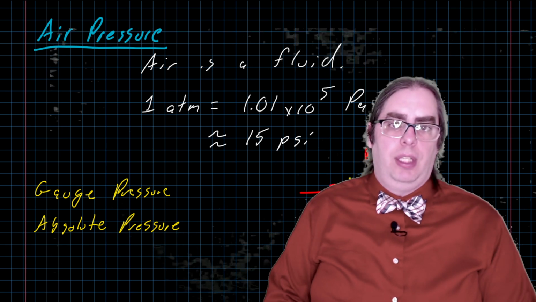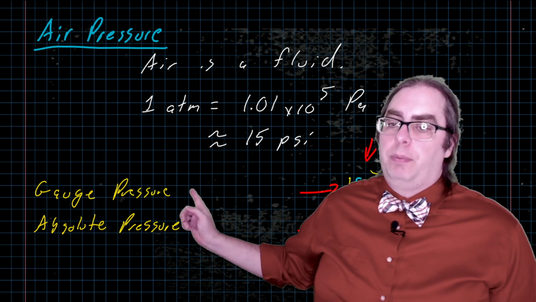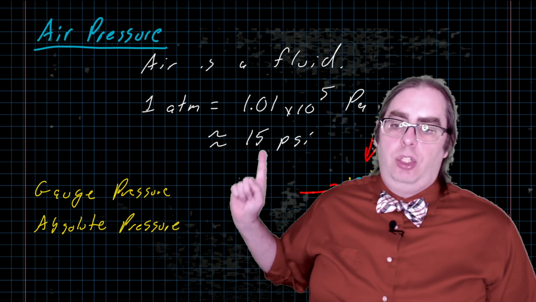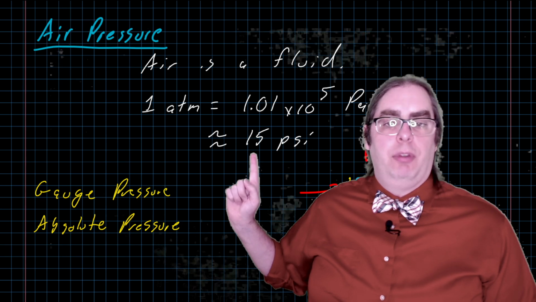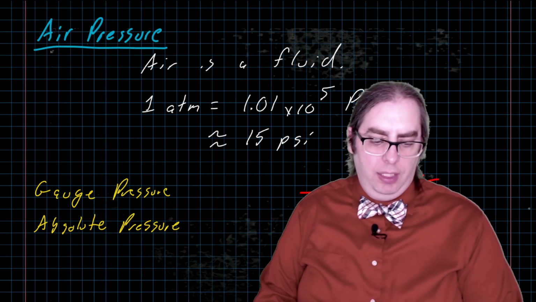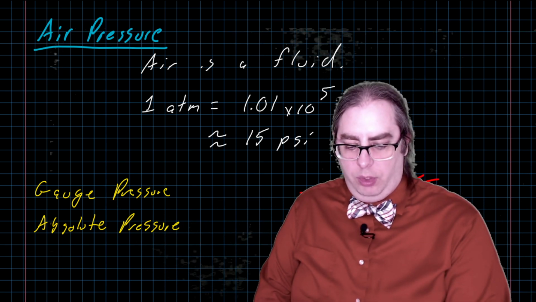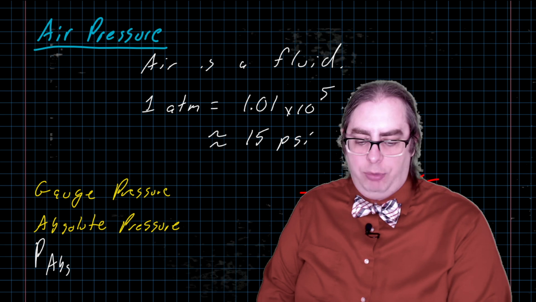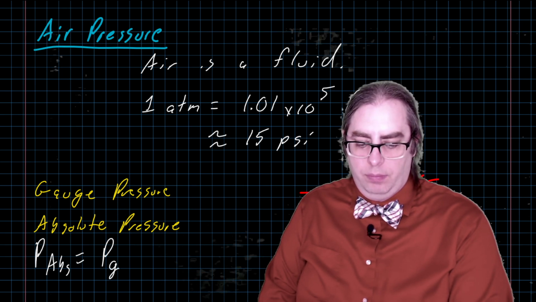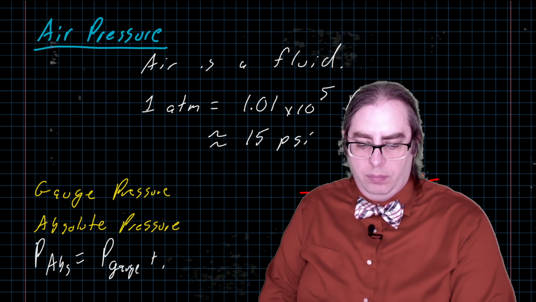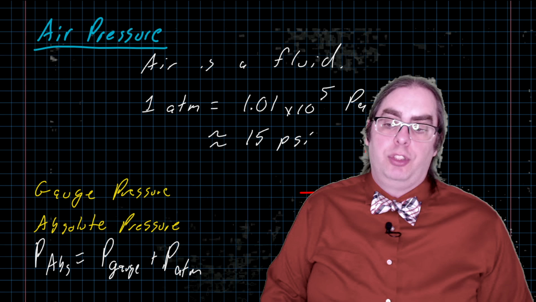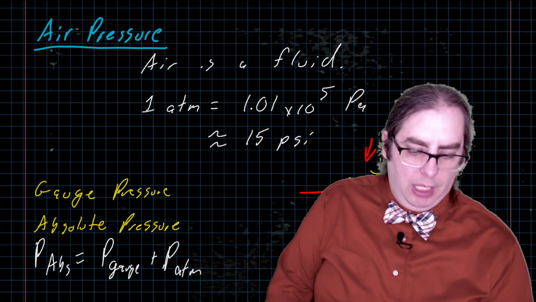We'll talk more about some of those a little bit later in the course, but for right now, it's a fairly simple calculation. If your gauge pressure is reading 27 psi, and you know that the atmospheric pressure is 15 psi, well, you just take the absolute pressure as the gauge pressure plus the atmospheric pressure.